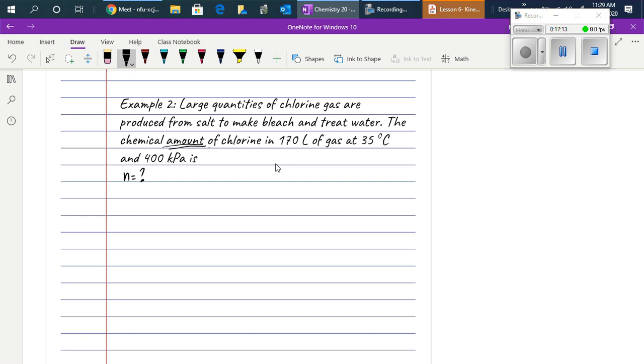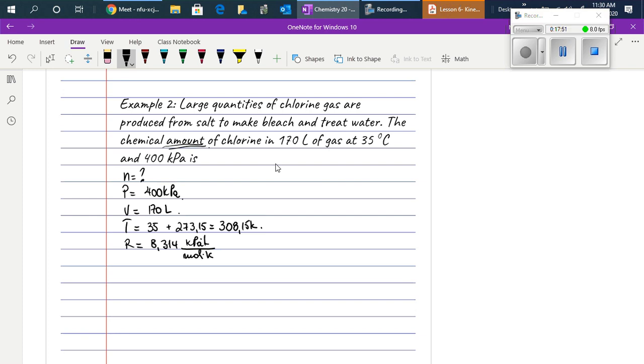Now what we have is pressure 400 kilopascal, volume 170 liters, temperature is 35 degrees Celsius plus 273.15, and this will be 308.15 in Kelvin. And we know that R is the constant, 8.314 kPa L over mol K.